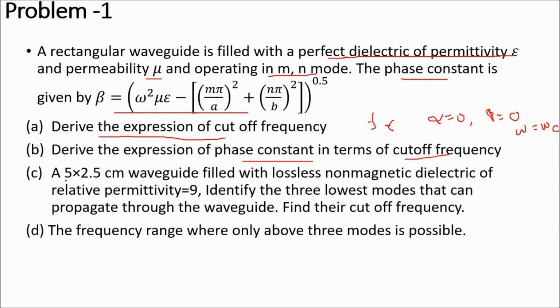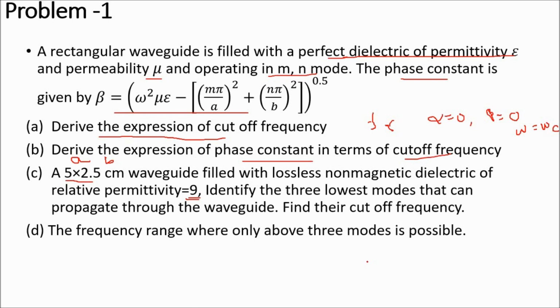And then it is said that a 5 times 2.5 centimeter waveguide. So that means A equal to 5 and B equal to 2.5. Waveguide filled with the lossless non-magnetic dielectric of epsilon r equal to 9. 3 lowest modes can propagate through the waveguide.